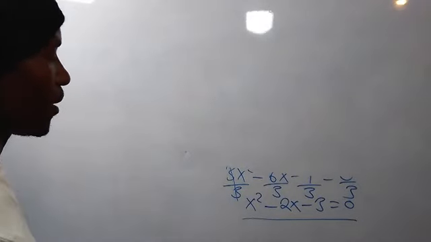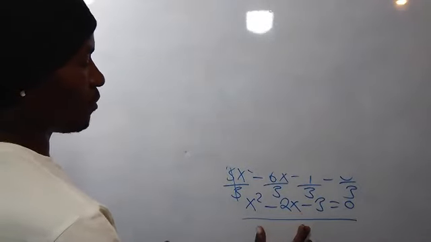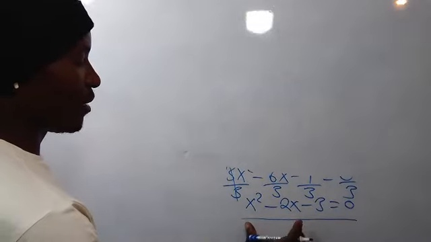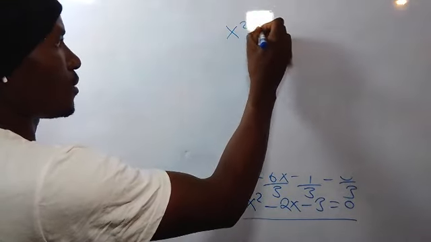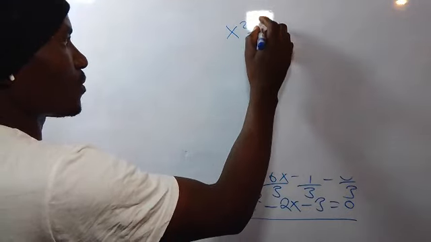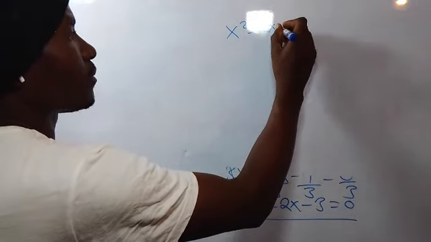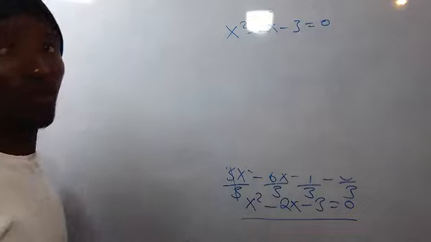Once we do that, you can now say x squared minus 2x minus 3 equals 0.